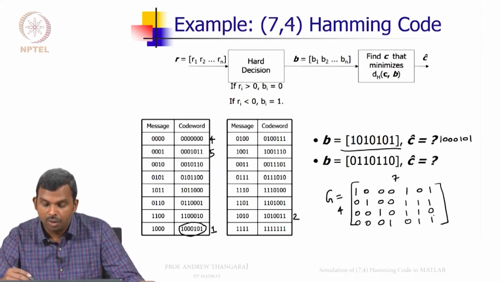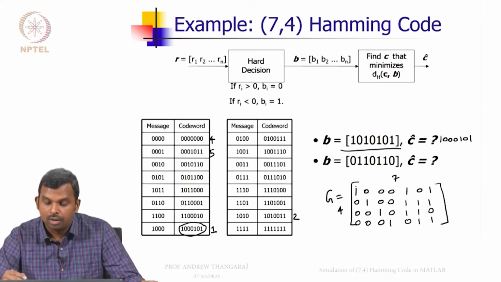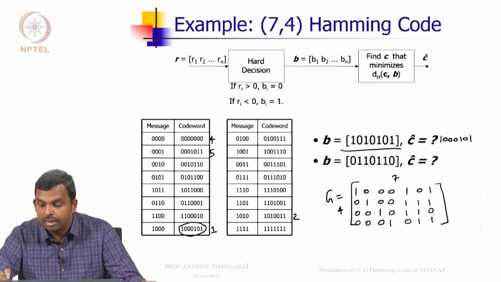So when you multiply m with G, you have the message bits appearing in the first 4 locations, and then the first parity will be m0 plus m1 plus m2. The second parity will be m1 plus m2 plus m3, and the third parity is m0 plus m1 plus m3. Okay. So this is a generator matrix. One can write down the parity check matrix as well for this code.